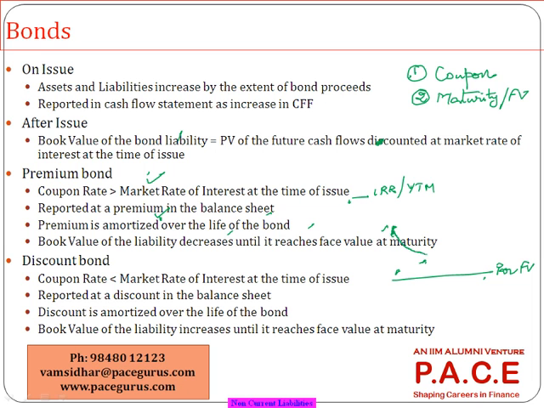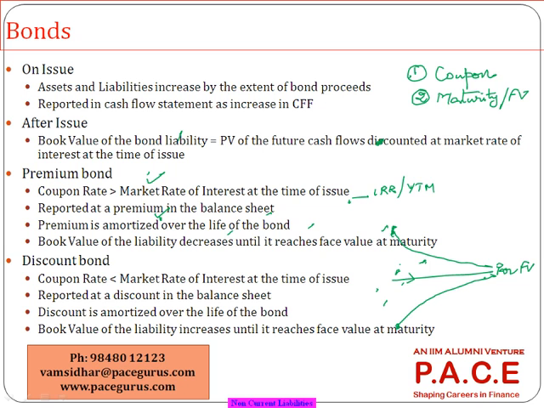As time progresses, it comes down and touches the face value. If it is a discount bond, initially it will be shown at much lesser than the face value. But again, as maturity approaches, it comes very close to the face value. Whereas if it is a par bond, it's always at the face value itself.